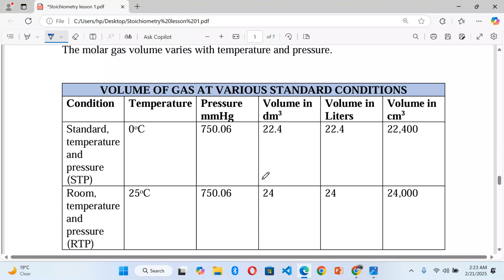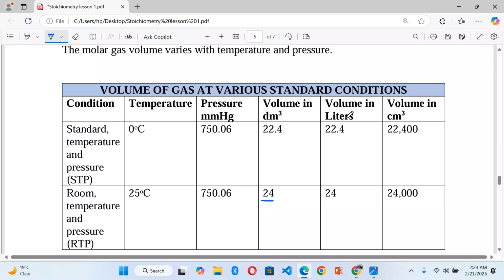So this table, we need to know it very well, and we know the conversions. The volume in decimeter cubed at STP of the gas is 22.4, and the volume in decimeter cubed at RTP is 24 decimeter cubed. So what you need to know is the conversion.